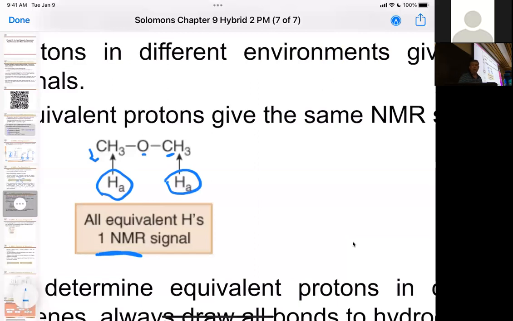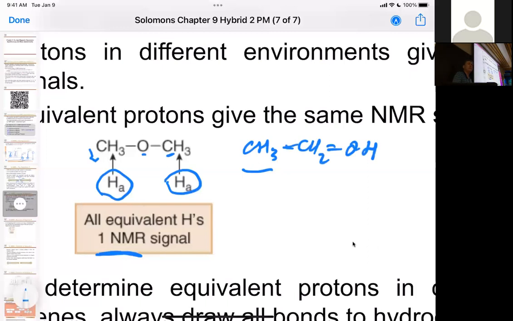Let's move these bonds around a little bit and do CH3, CH2, and OH. Let's think about how many different types of hydrogen we have. We have a CH3 bonded to a carbon, so I think that's a signal. We have a CH2 bonded to an oxygen on one side and a CH3 on the other.